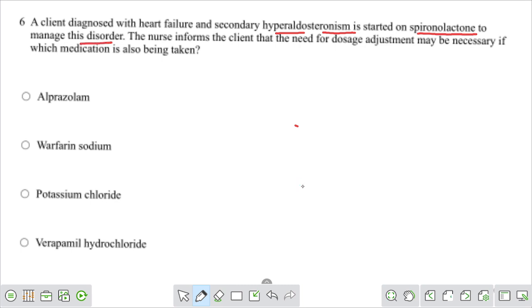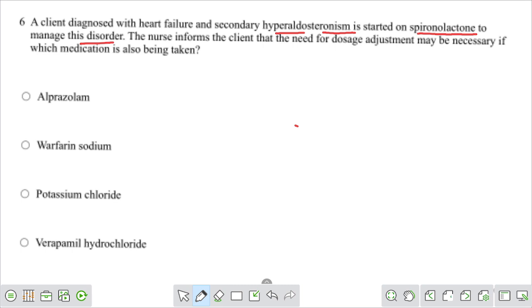To manage this disorder, the nurse informed the client that the need for dosage adjustment may be necessary if which medication is also being taken. Actually, here the patient is suffering from heart failure, and in heart failure there is an accumulation of fluid in your body.